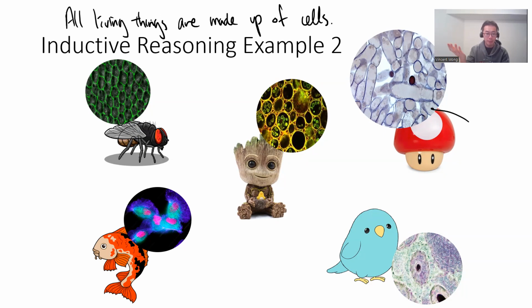There was this botanist who was studying plants, and he noticed, this was shortly after the microscope was invented, that all the plant samples he observed under the microscope have these structures, these cells. And then there was a zoologist who was observing the same thing in animals, and then they met with each other, and they came to the realization, oh, it seems like all living things are made up of cells.